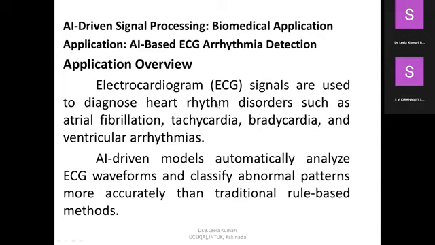So AI-driven signal processing enables accurate automated detection of cardiac arrhythmia using ECG signals by combining noise removal, deep feature learning, and intelligent classification. And AI obviously improves the diagnostic accuracy, supports wearable health monitoring, and enhances outcomes in modern biomedical engineering.